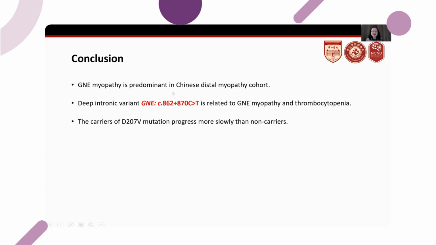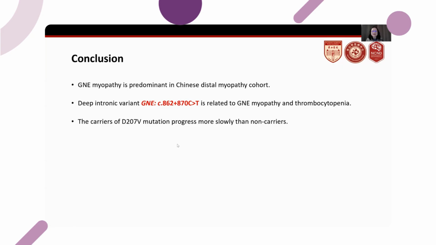Some of the patients, actually, I dug out from the peripheral neuropathy cohort. The carriers of D207V progress more slowly than the other patients. This also leads to the caution that when we perform natural history analysis and clinical trials in the Chinese population, we need to do genotype stratification when we analyze the outcome results.